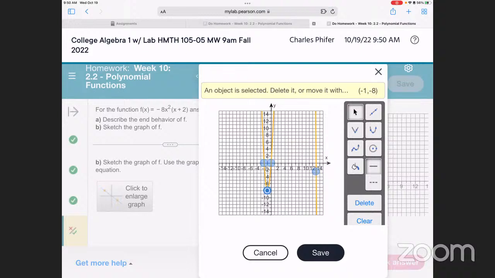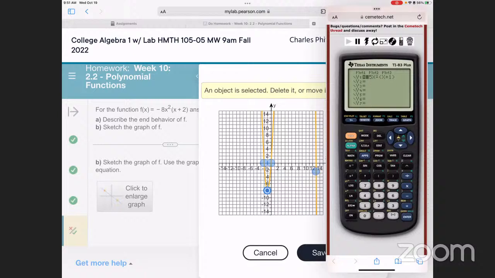Let's see. We said it falls to the right, so that should bounce. So then like a half. I think if we put in x is 1, it goes off the chart. That's a 3. 8 times 3 is negative 24. So if we do a half, let's try when x is a half.